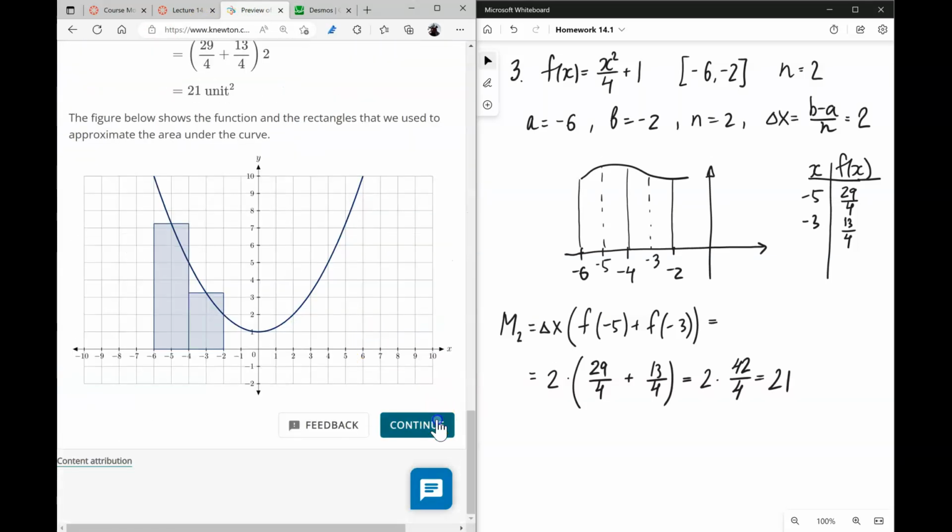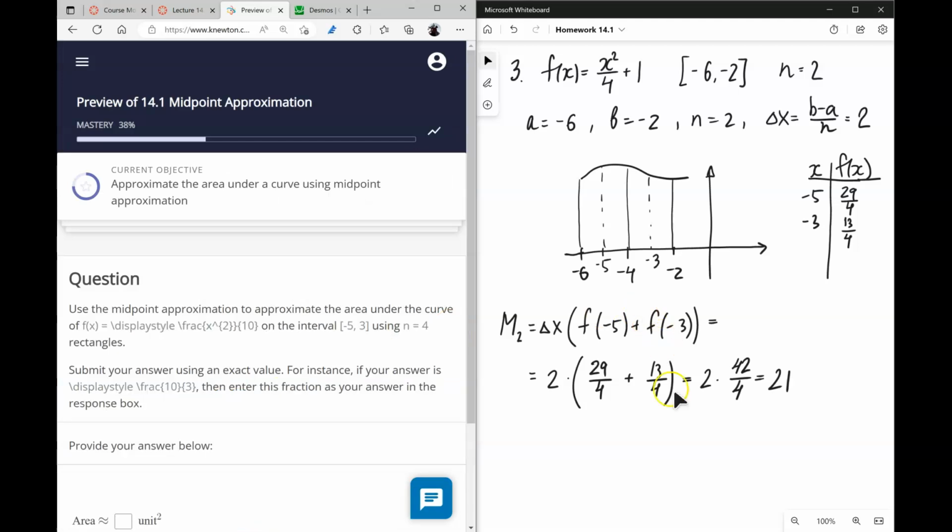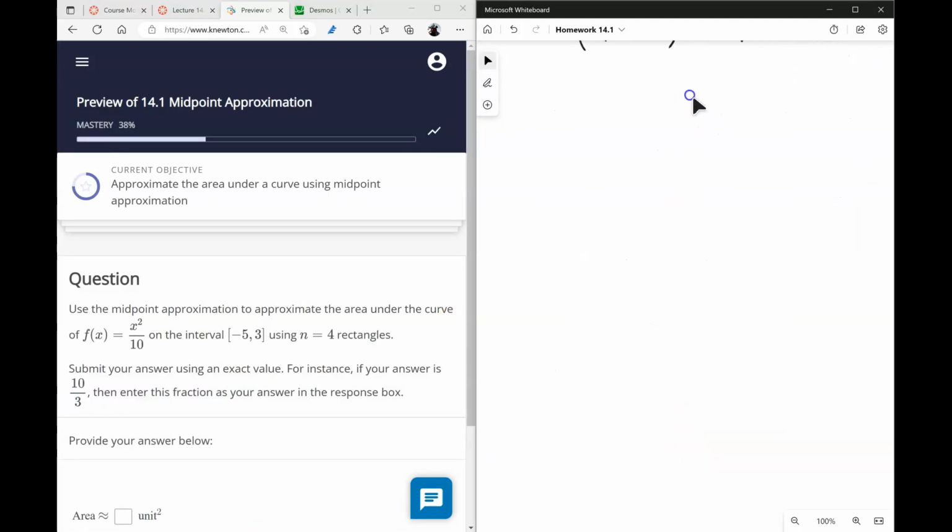And let's move on to the next question. So here we have another parabola. The interval is given.